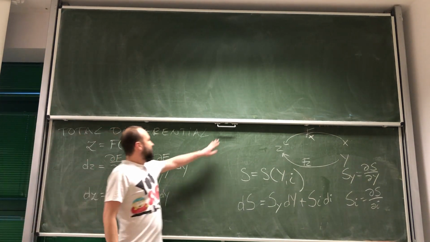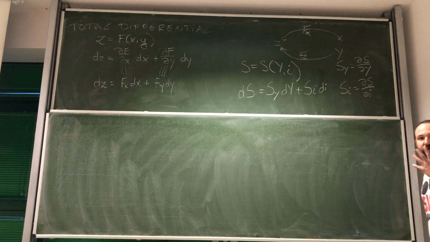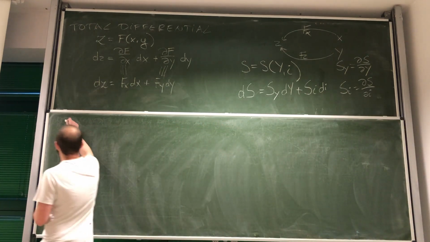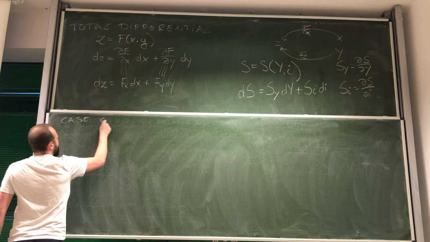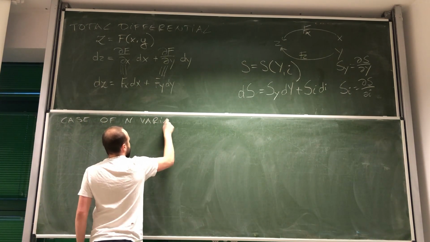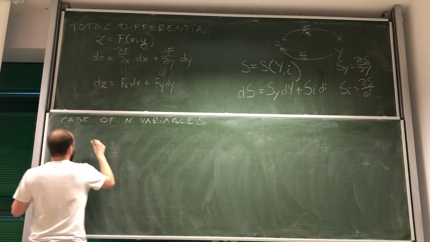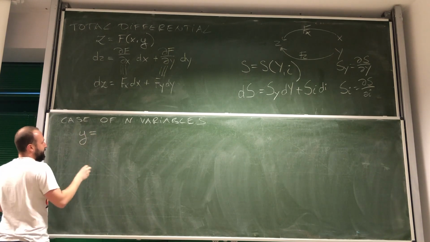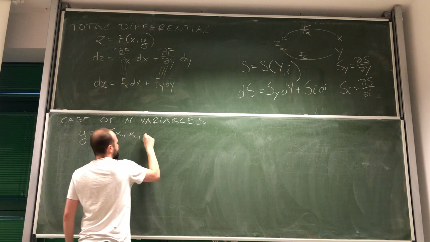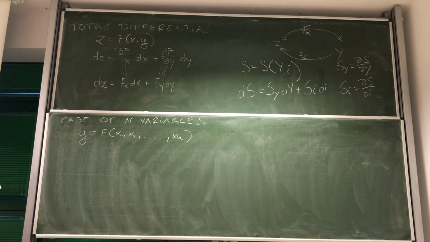But look, now that we know how to do this for just two variables, we can go to the case of n variables. How will it work? Now, look, let's just say that y is a function of variables x1, x2, and so on until variable xn.